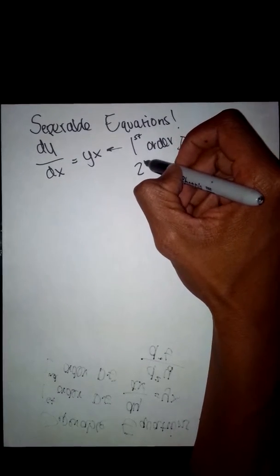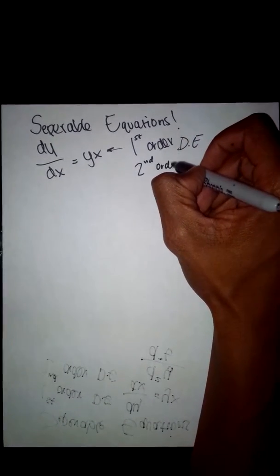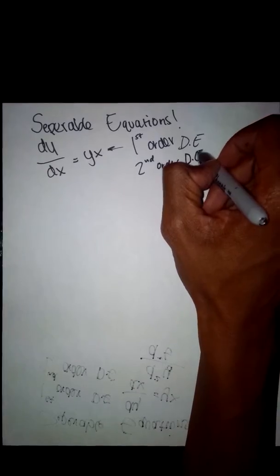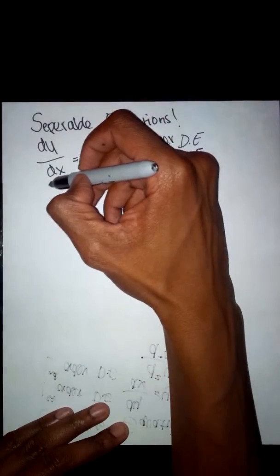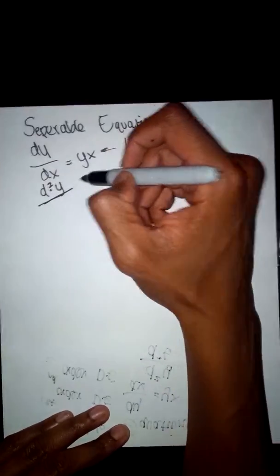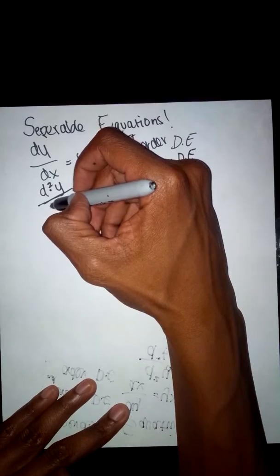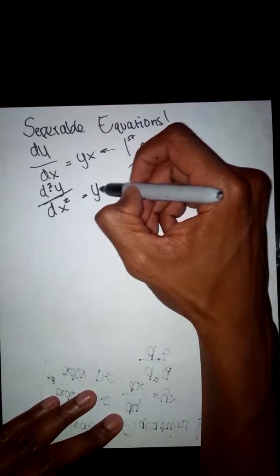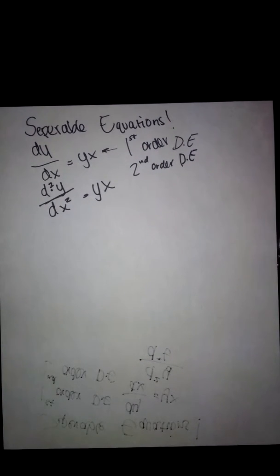Now, it would be considered a second order differential equation if you had something that looked like the second derivative, d squared y over dx squared is equal to y times x. That would be considered a second order differential equation.